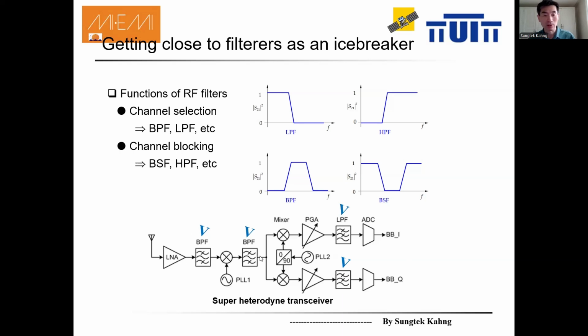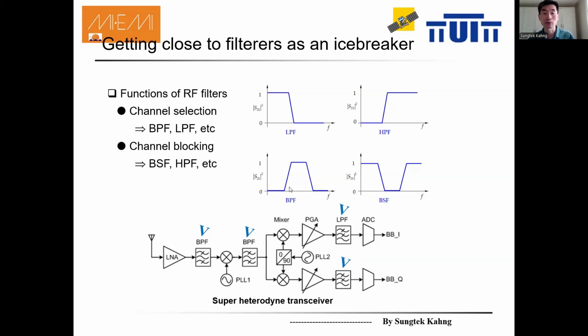The bandpass filter is positioned here. As I already mentioned, a bandpass filter has a transmission coefficient that peaks at the target passband. Outside the target passband, these regions are called stop bands.